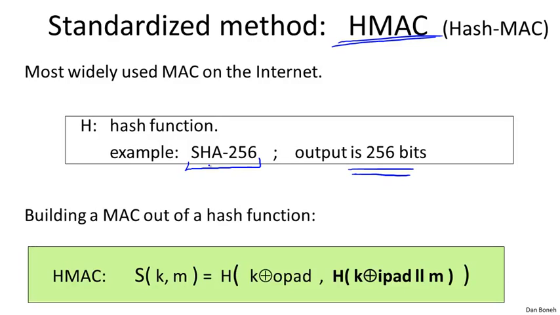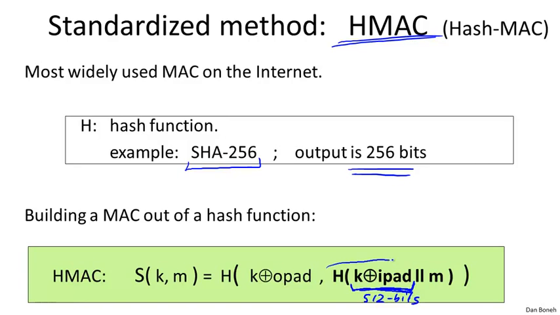So let me show you the construction. Here's the construction in symbols, and it works as follows. First, we take our key k, and we concatenate what's called an internal pad, an IPad, to it. This makes it into one block of the Merkle-Damgard construction. So for example, this would be 512 bits in the case of SHA-256. We prepend this to the message m, and then we hash.